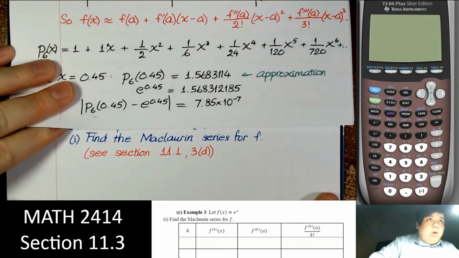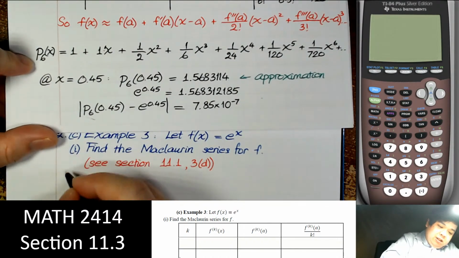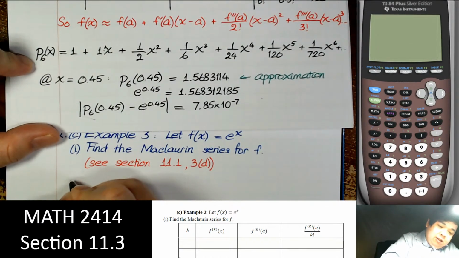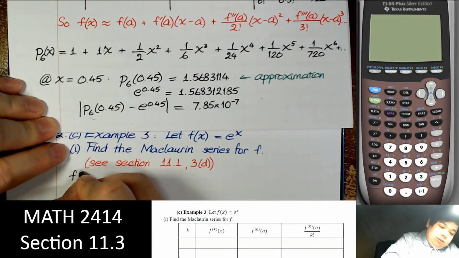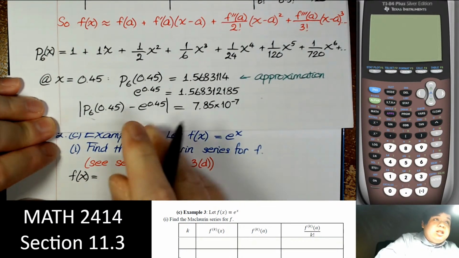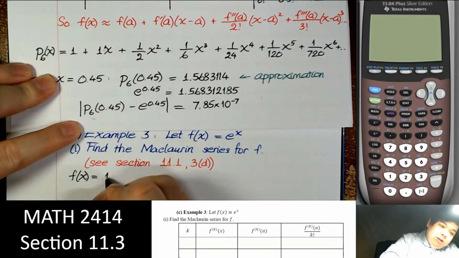And on that section, what we have is this. Instead of write the polynomial, we're just going to write a few terms. 1 plus 1 over 1 times x.